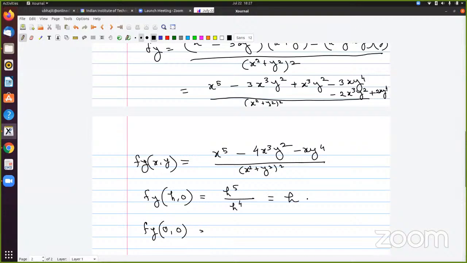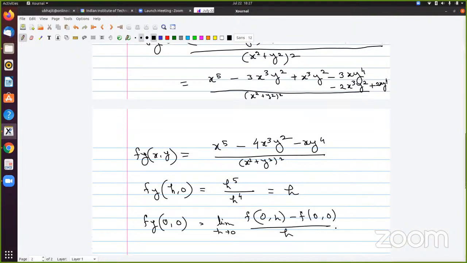Correct? And what is fy 0 comma 0? Fy at origin? 0. Is it? This is 0 by h minus 0 by h, right? This is by definition.